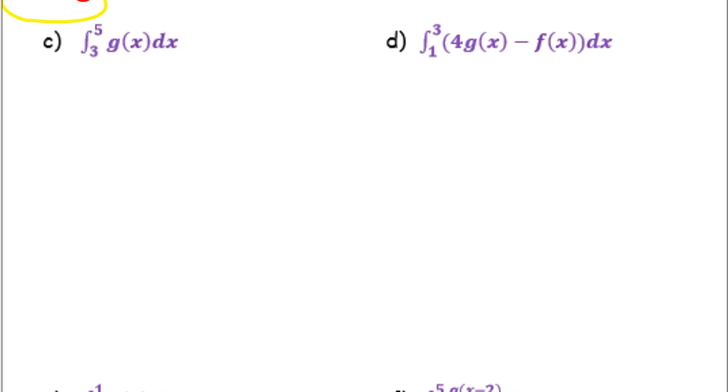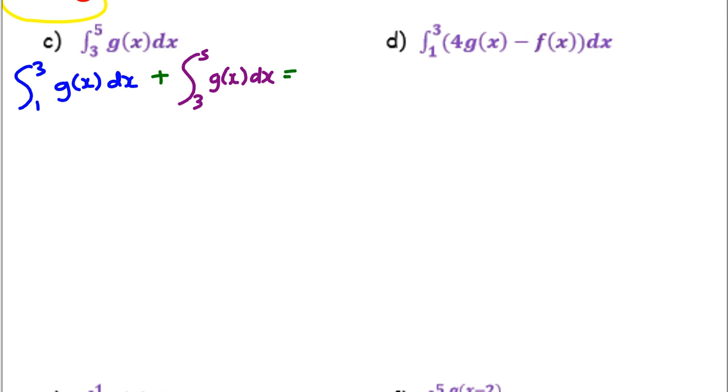So start with the integral from 1 to 3 of g of x dx, plus this purple one, equals, I'm trying to draw it nice and small, the same as another blue one.